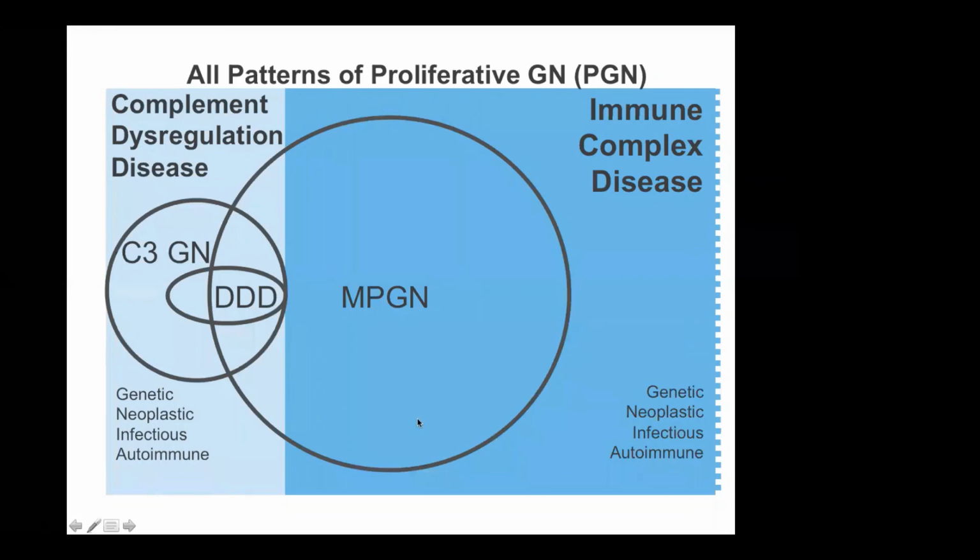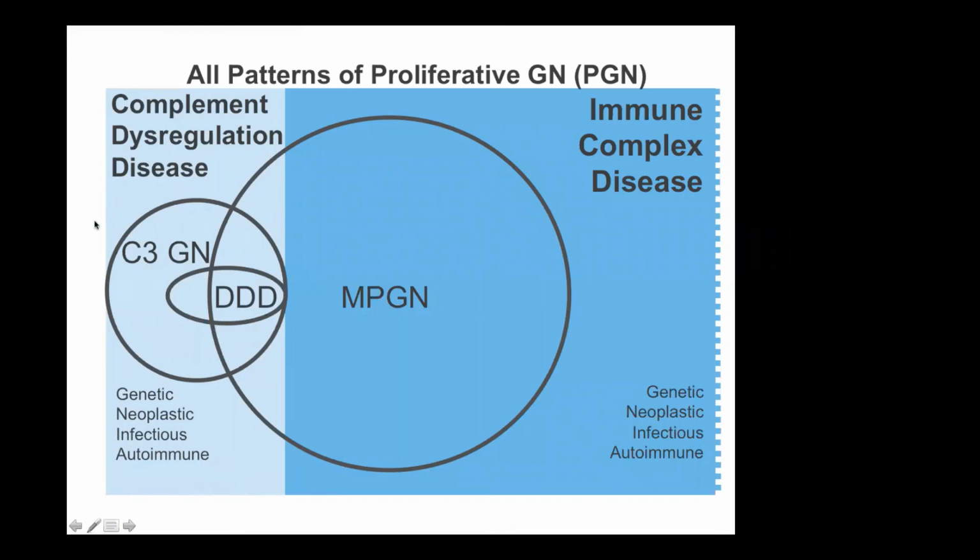If we say lupus, we will talk about lupus in great detail in a lecture in the future. Dense deposit disease is a small percentage of the C3 glomerulopathies.